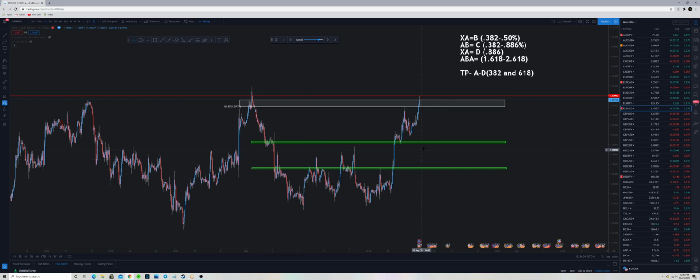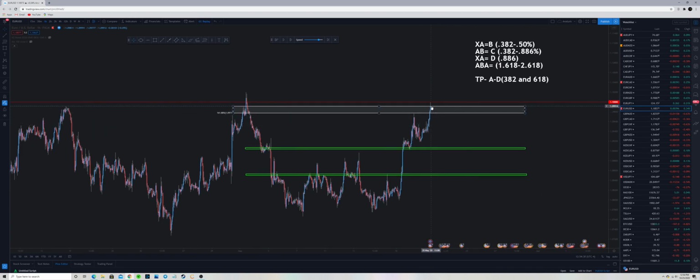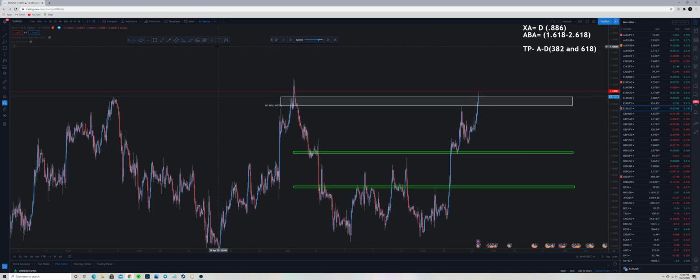Okay, so seeing that price wicked above the reversal zone but never closed above it, I would place an entry right here.